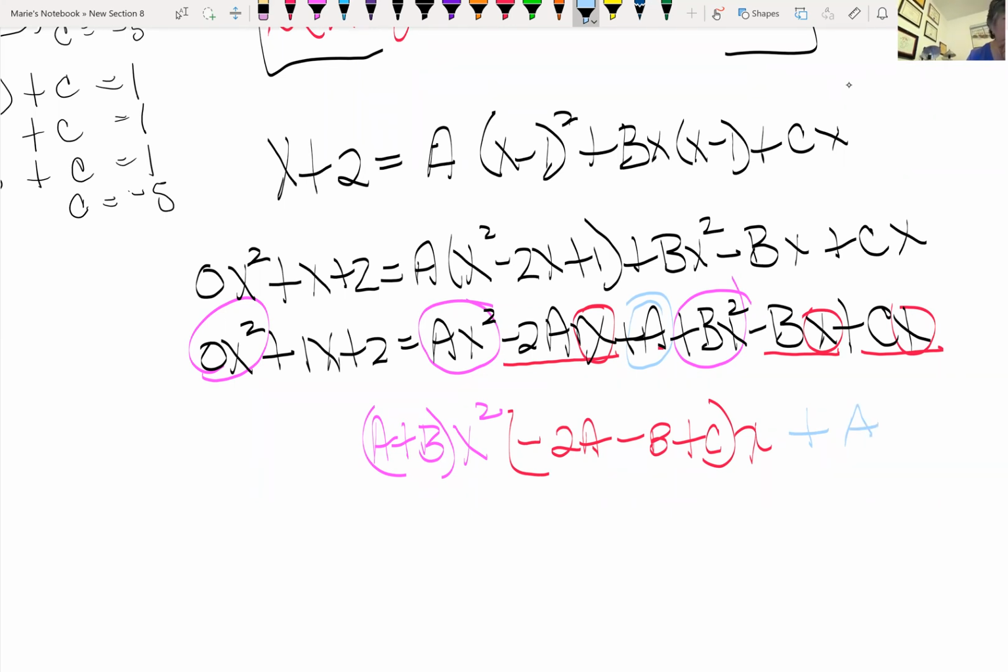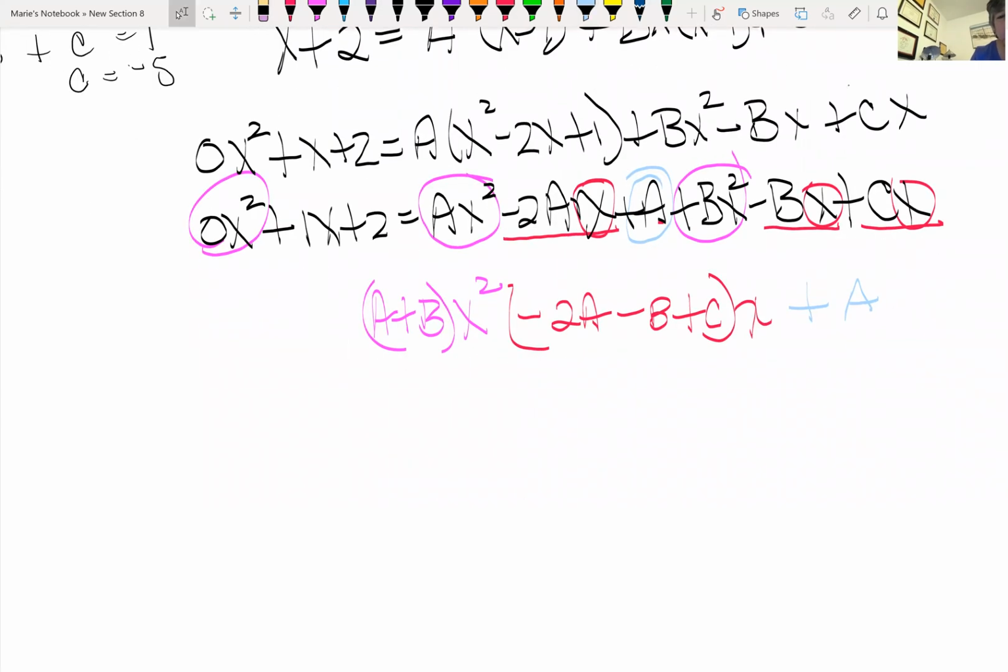All right, so given this information, we know that a plus b is equal to 0, because that's your x squared term. We also know that negative 2a minus b plus c has to equal 1, because that's your x term.